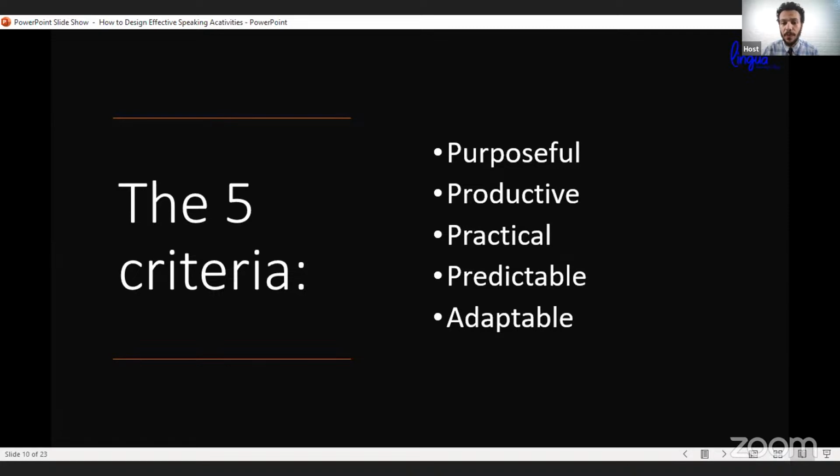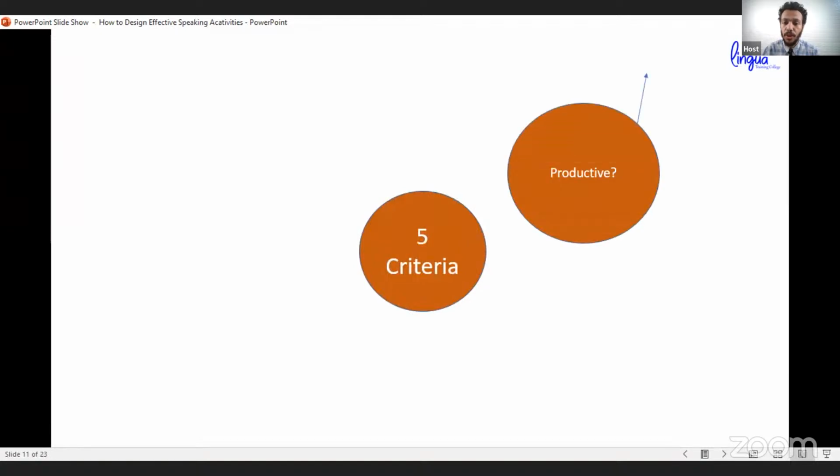Well, so let's dig deeper to cover each point. First, for a speaking activity to be effective, first point we need to cover is productivity. Is it productive? How could we check it is productive? By answering the question, how much speaking will it generate? And how much speaking will differ from an elementary student to an advanced or intermediate student and so on.